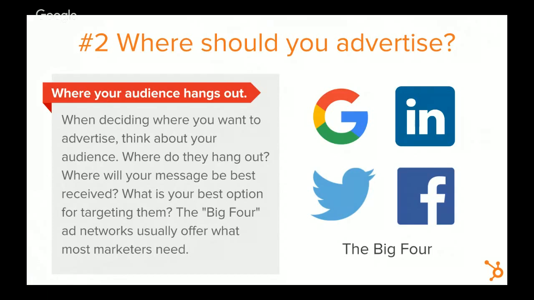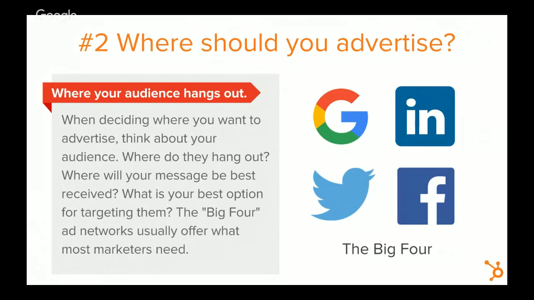But really what you want to do is spend your money and focus on where your audience already is. Maybe you've got a very specific audience that hangs out just on certain blogs, and that's where they spend their time. You probably want to advertise on them. You want to figure out the best way to advertise on those blogs.